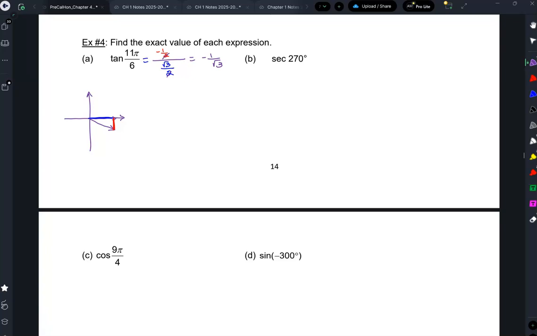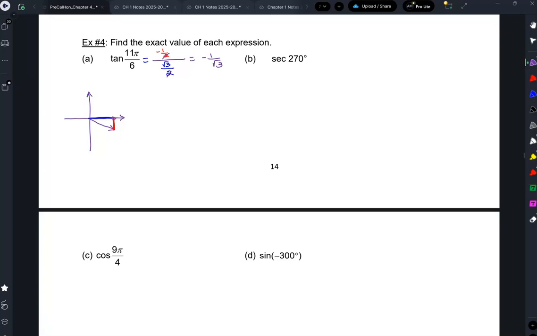Let's clarify something. On a 30, 60, 90 triangle, the hypotenuse is always going to be 1.